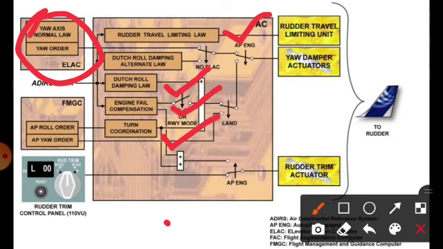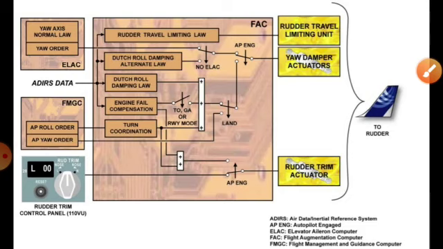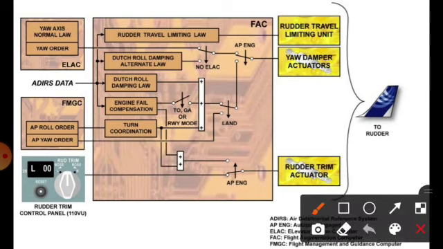So now we will discuss when the autopilot is engaged. When the autopilot is engaged, this will come down like this, and it will bypass these signals from the ELAC, but ELAC must be serviceable.